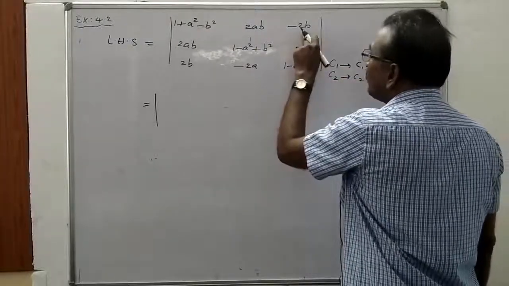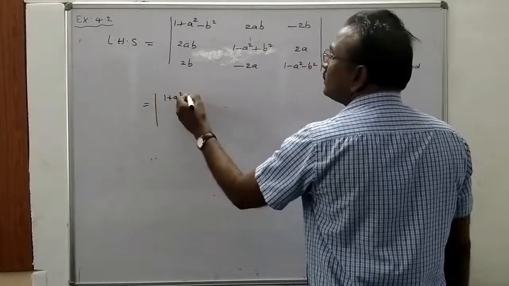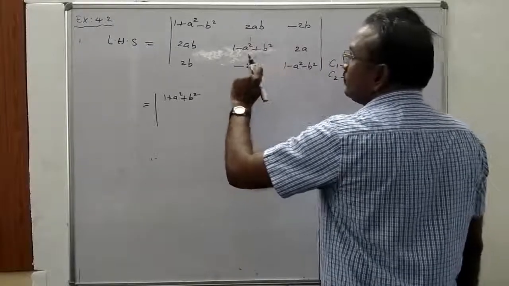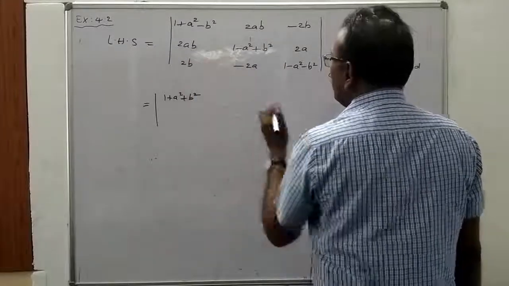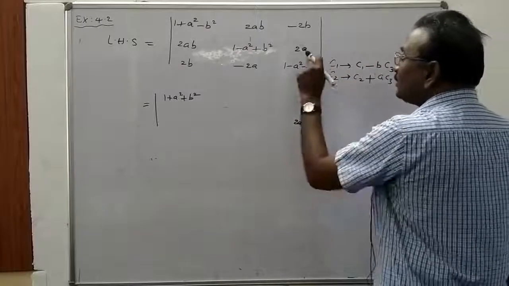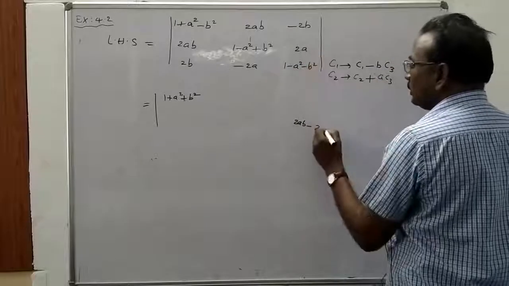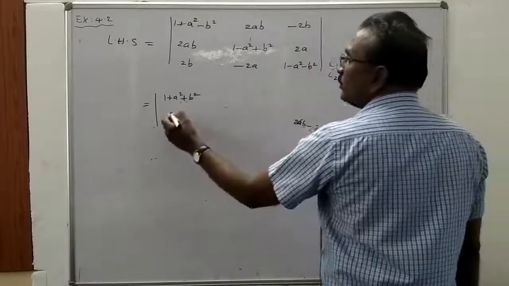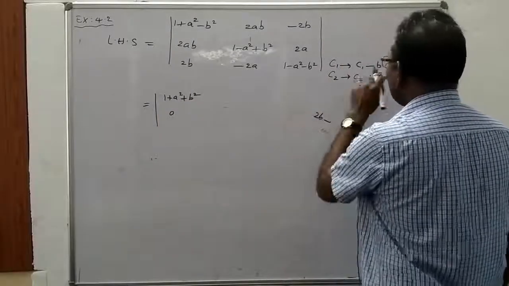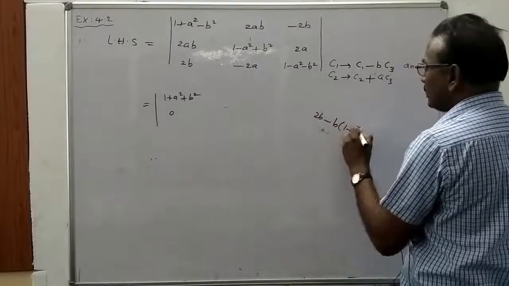So using these two properties, LHS becomes, here first row is 1 plus a square minus b square minus b into minus 2b, that is plus 2b square. We get 1 plus a square plus b square. Next 2ab, so 2ab column 1 element minus b times of 2a, that is 2ab. So we get 0. Next 2b minus b times of this one, b times of 1 minus a square minus b square.